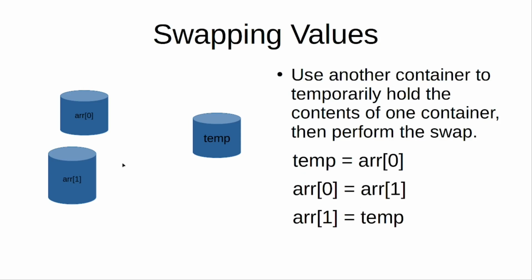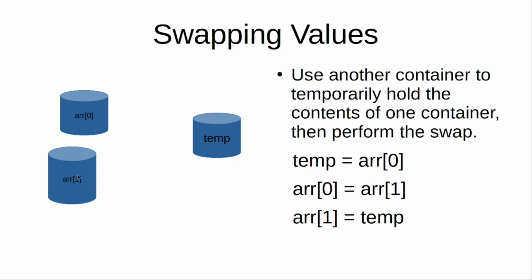One way is to use another container to temporarily hold the contents of one of the containers, and then perform the swap that way. I have a little piece of code here where we have a container called temp, and it's going to hold the value that's stored in the first element of this array. Then we put the contents of whatever's at the second position of the array into the first position.